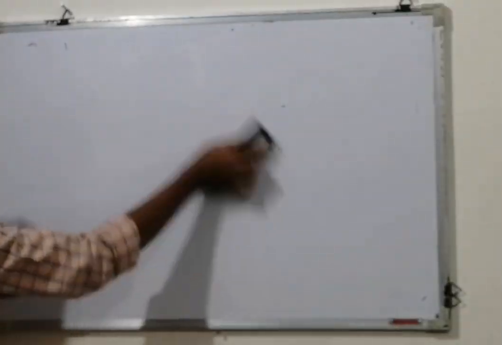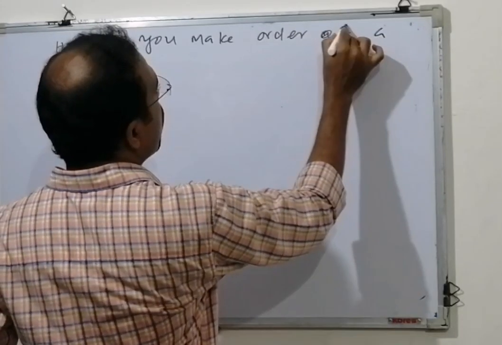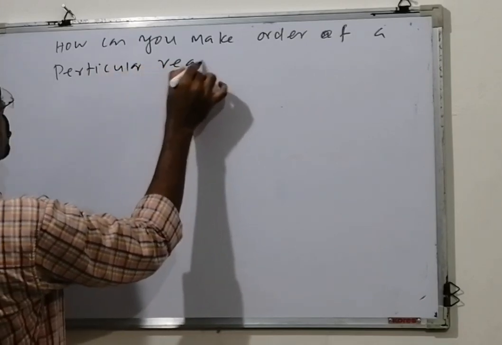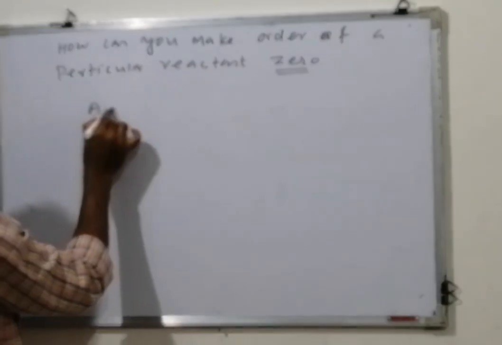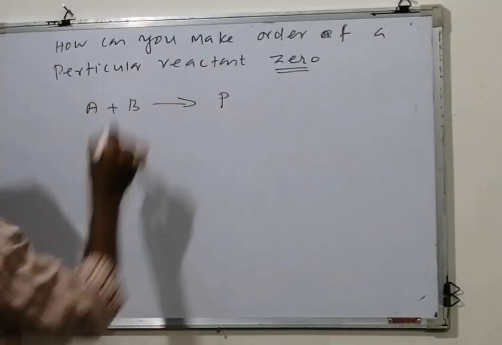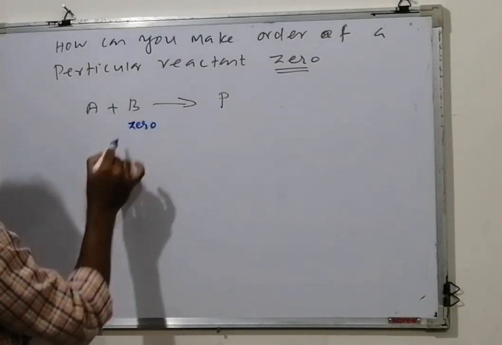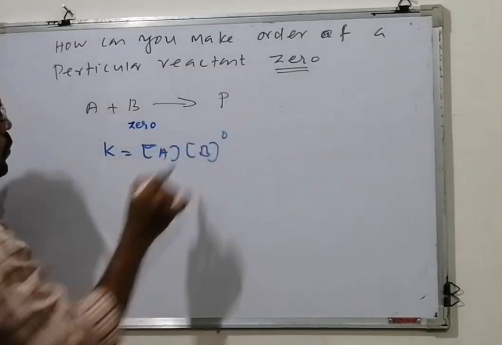Now, I ask you a simple question. How can you make the order of a particular reactant zero? Suppose you have A plus B gives product. You want to make B zero order, that is, rate is equal to k A B raised to 0.